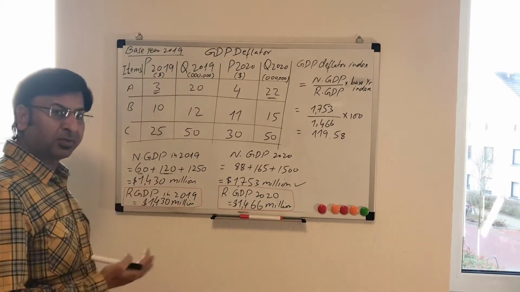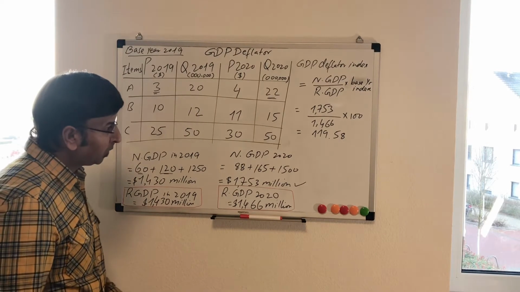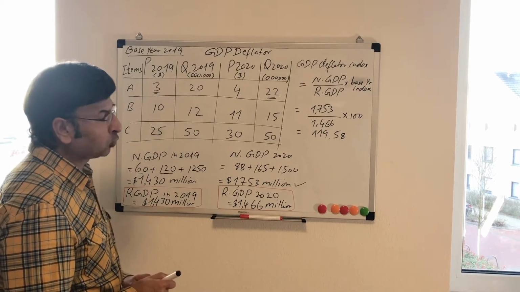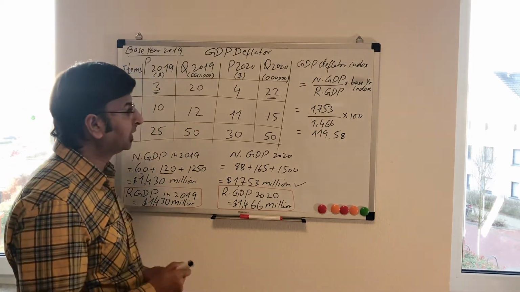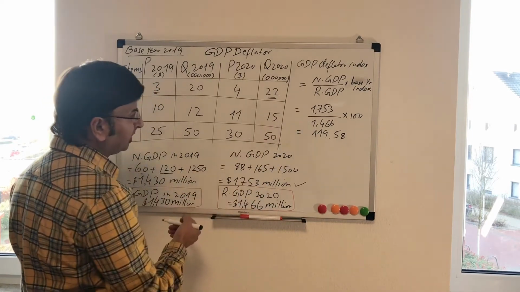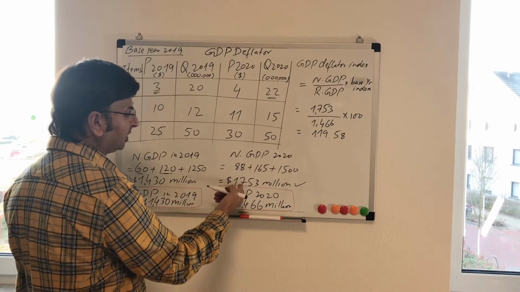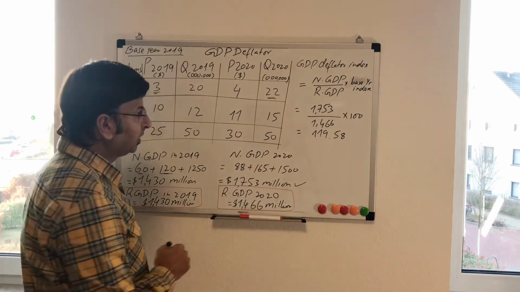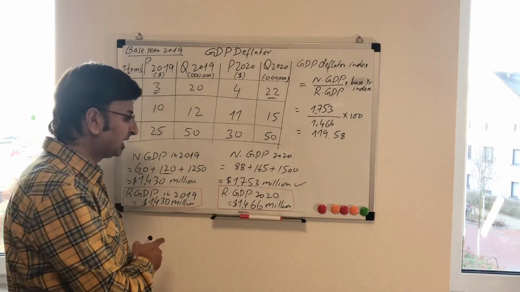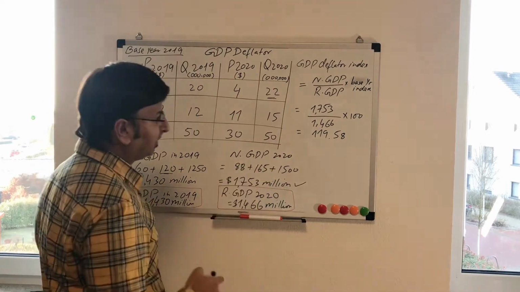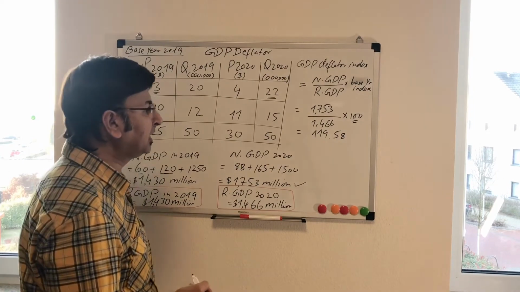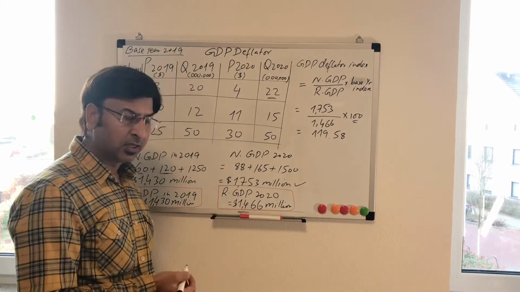Based on our previous activity, we did calculate the real and nominal GDP of 2020 as well as 2019. As you could see, the nominal GDP of the year 2020 is 1,753 million. You divide by the real GDP, which is equal to 1,466 million, multiply it with the base year index of 100, you get an index of 119.58.